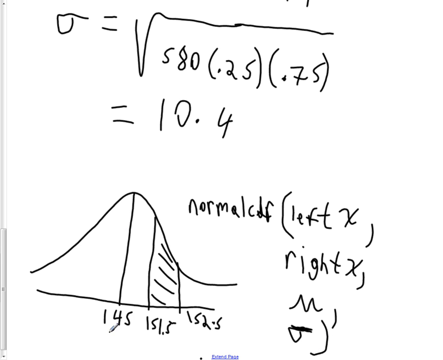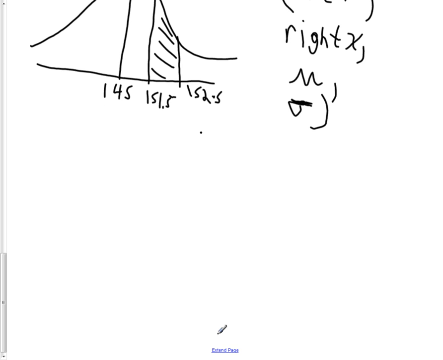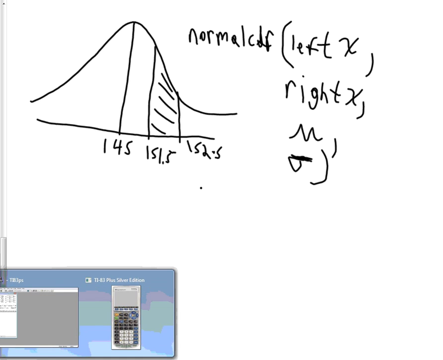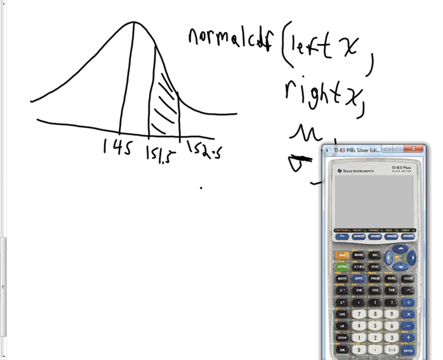So that's left x value, right x value instead of z. This is a bit of a different way of using that normal CDF function.